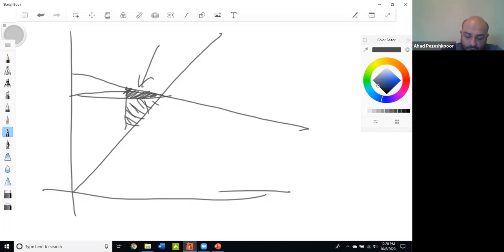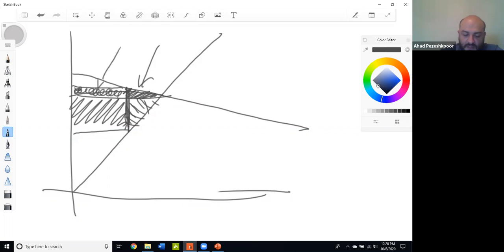And this total area would be our deadweight loss. This is the tax paid by the producer, and this would be the tax paid by the consumers.